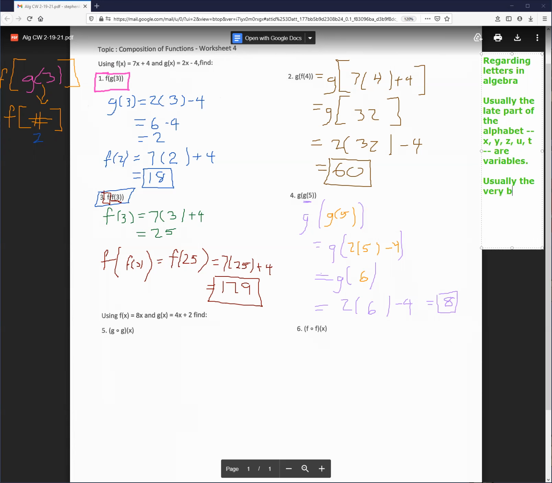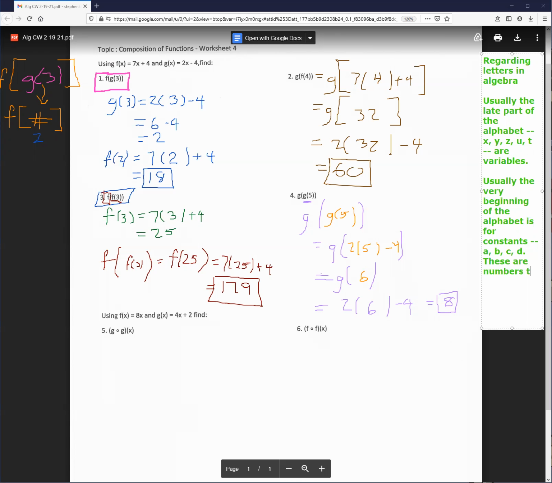Usually the very beginning of the alphabet is for constants. So a, b, c, sometimes we'll go as far as d. So these are numbers that don't change, but they are numbers.